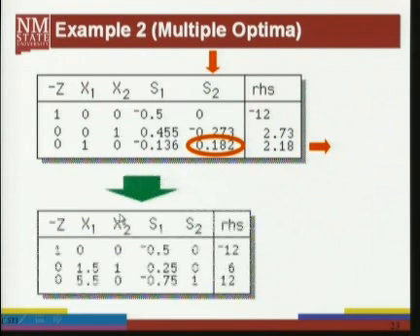So we come up with this following table, and we realize that we have the same objective function value with a different set of basic variables, right?